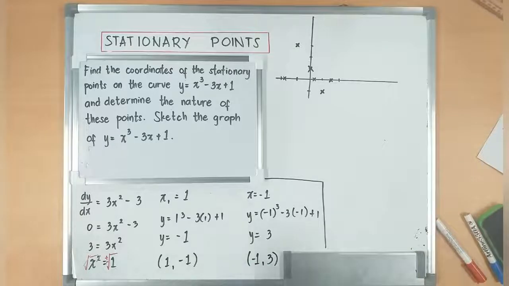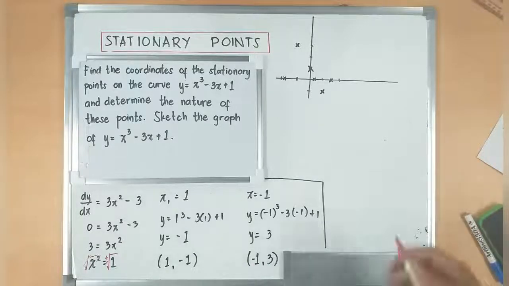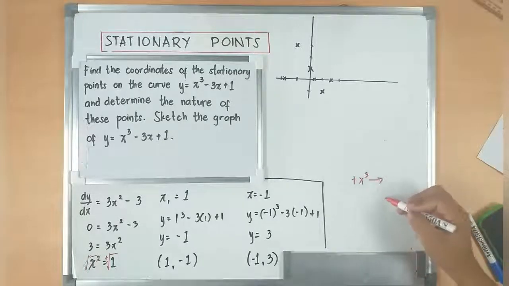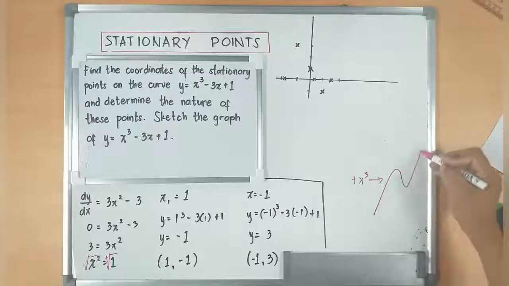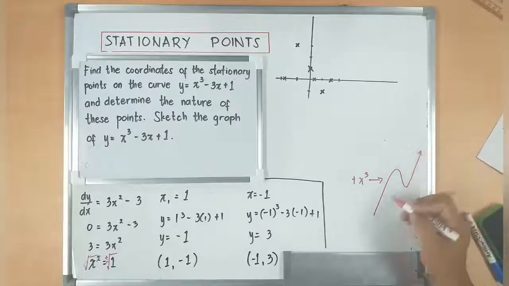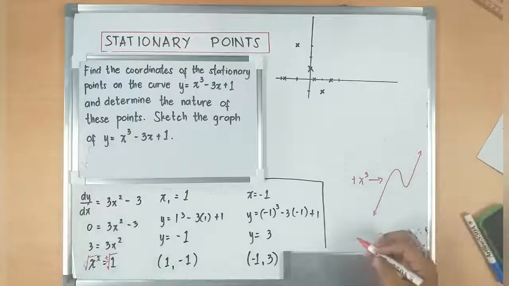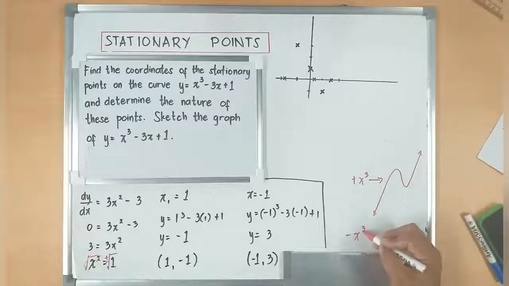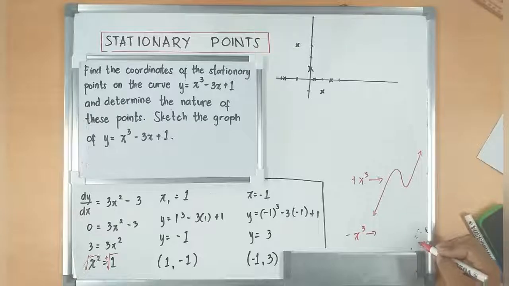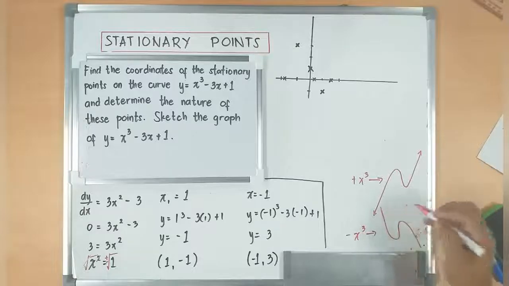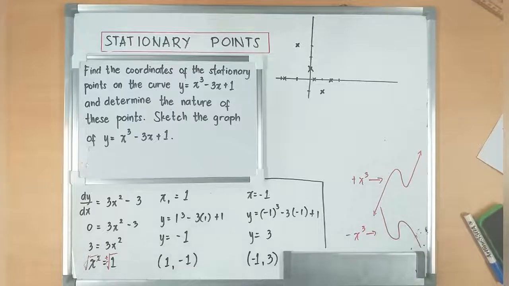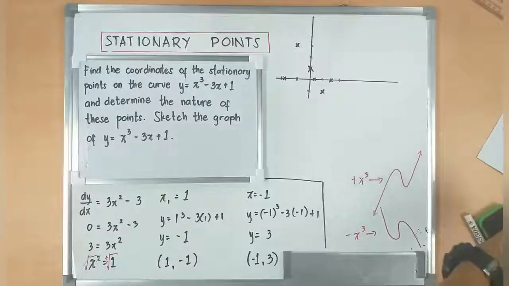Remember guys that if it is a positive x cubed, it shapes like this. If it is a cubic polynomial, I'm not saying this is applicable for all. If it is negative x cubed, it shapes like this. So that's the difference between the two.